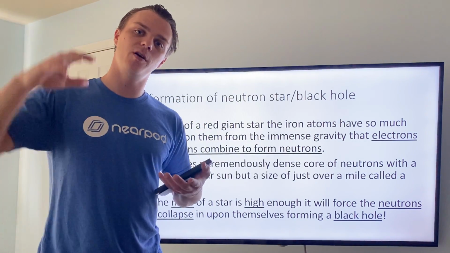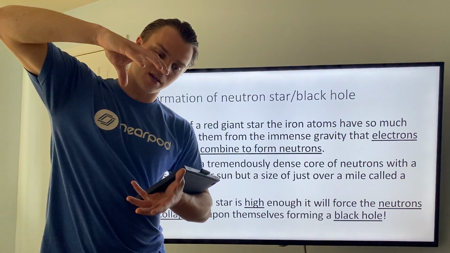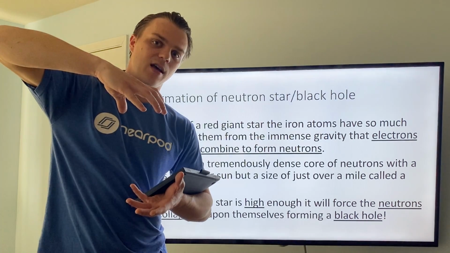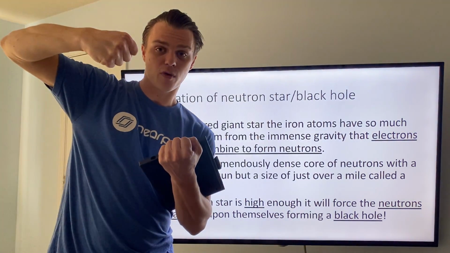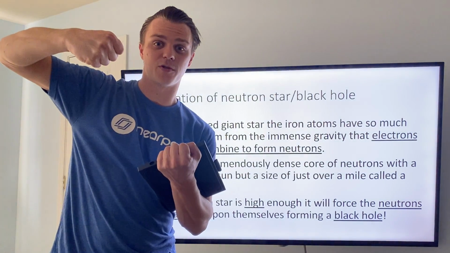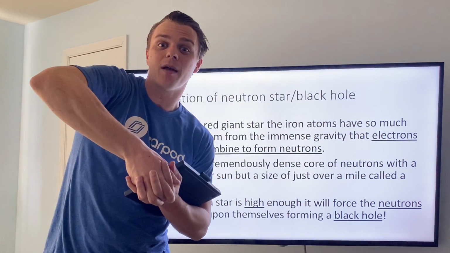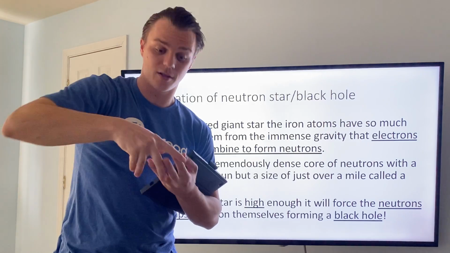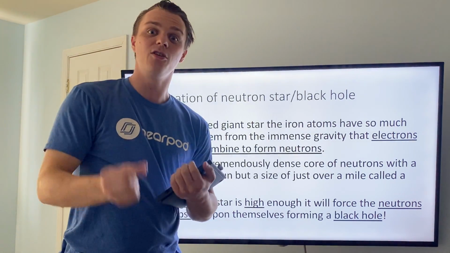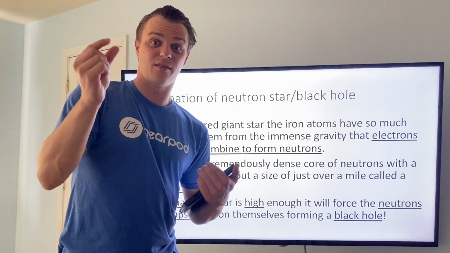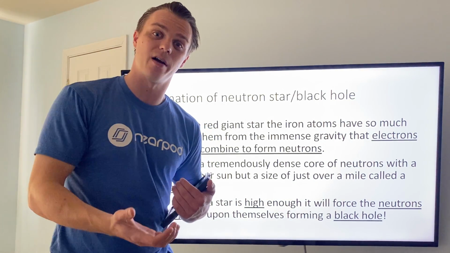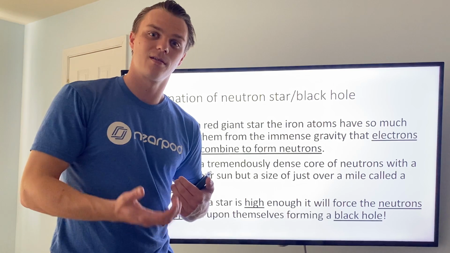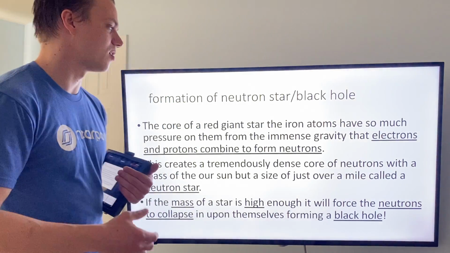So when these stars explode, their cores of iron begin to collapse in on themselves, and the protons and electrons of that iron end up breaking the strong and weak forces inside atoms to form into neutrons. These neutrons are able to collect onto themselves, and if we had a neutron star the size of a marble, it would weigh about the same amount as the Empire State Building. Think about that. That's how dense a neutron star is.